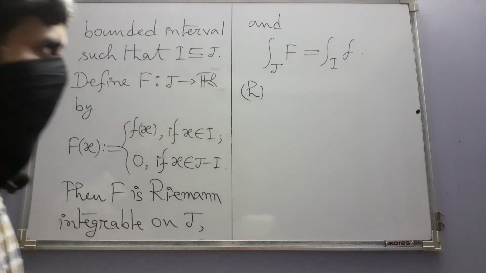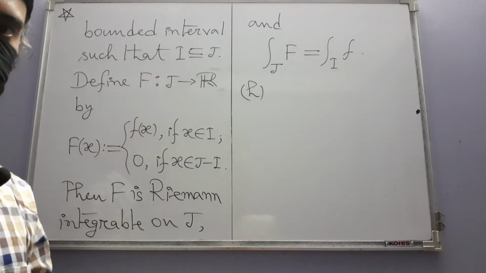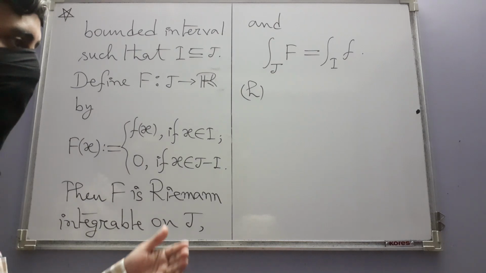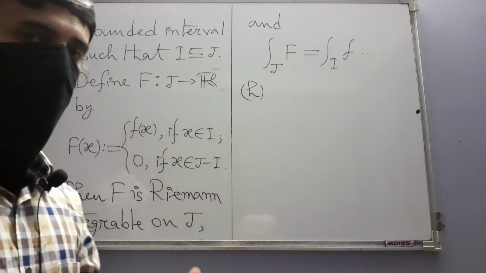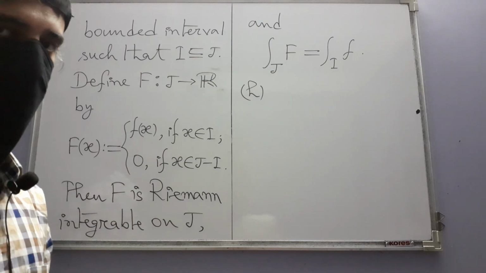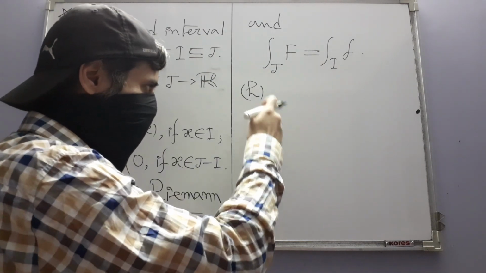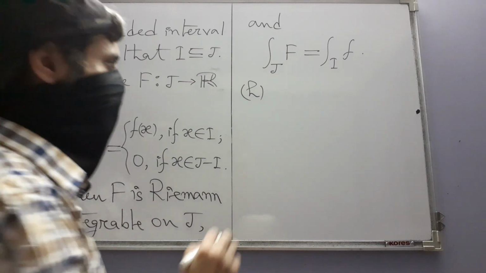This time we are not going to extend small f, but rather we are going to break up the interval I itself into two subintervals. Essentially, we are going to consider a partition of this I where there will be two subintervals.